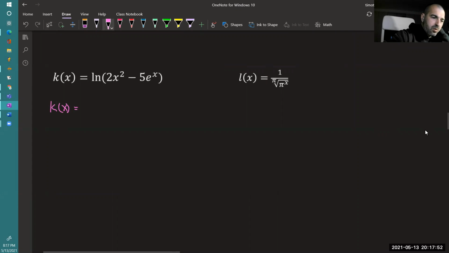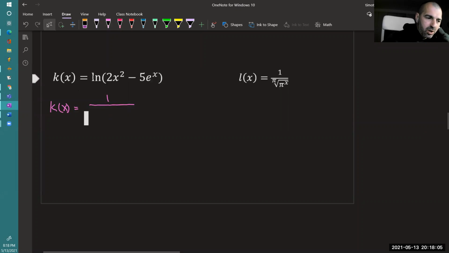So I'm going to do equals 1 over, right? So remember, the derivative of the natural log is 1 over the thing that we have written here.